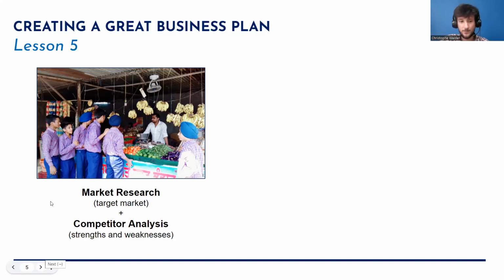their product. And they will also do competitor analysis, which is what this photo is showing. So you can see these students from India. They are planning on growing and selling fruits and vegetables.